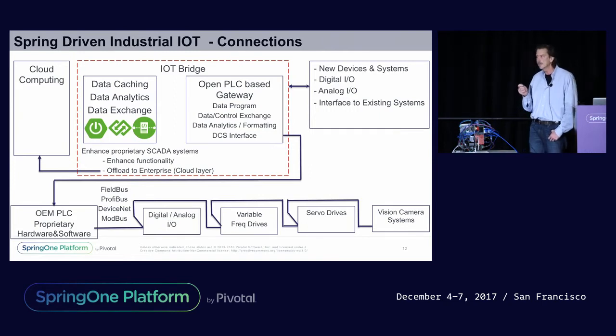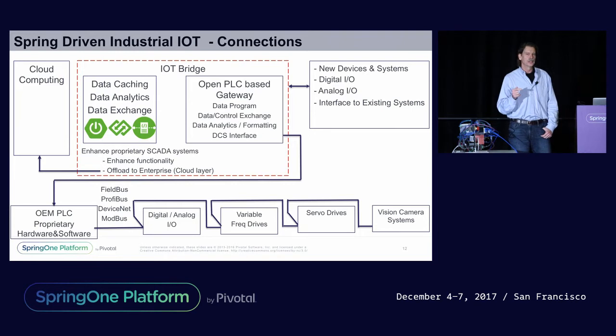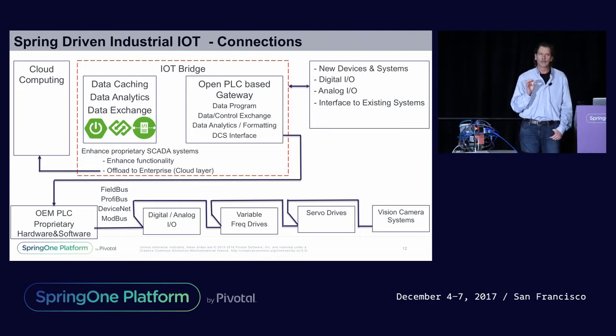So this is giving us a gateway into existing systems to pass control, along with the factor of we can add in new devices or control any of these devices.